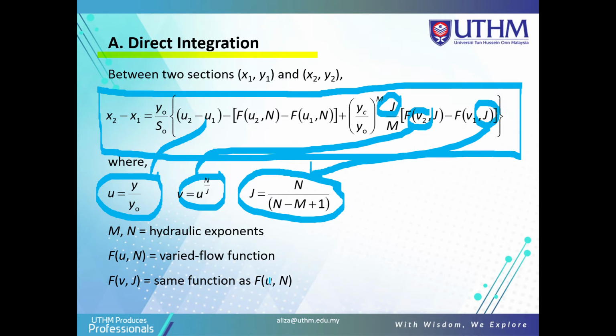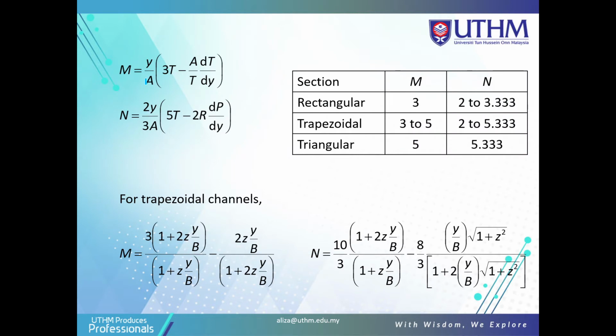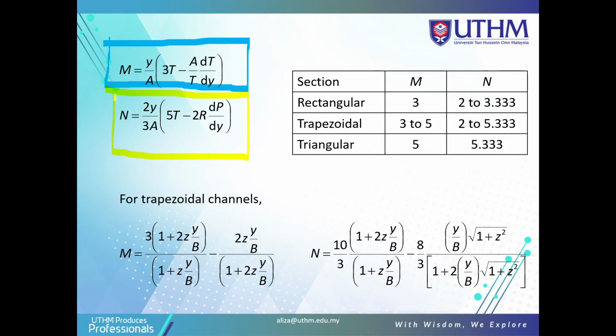So you must know that the equation for M is also given, and also for N. For M and N here, the rectangular is given as 3, and trapezoidal is 3 to 5. So M and N are given. No need to worry about this one.